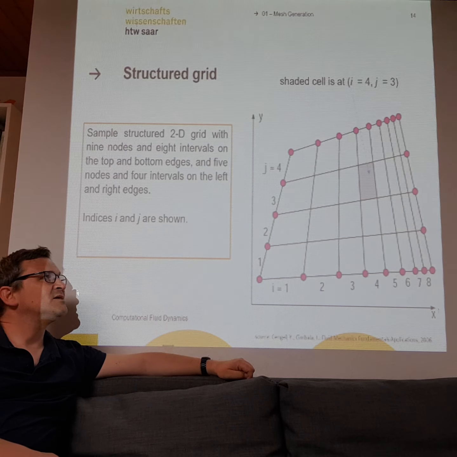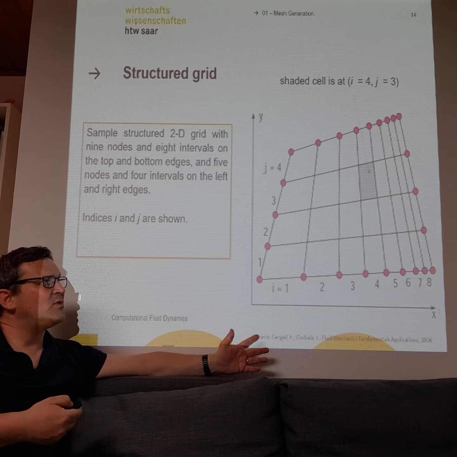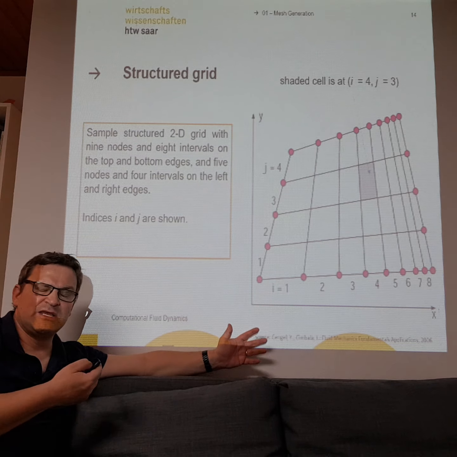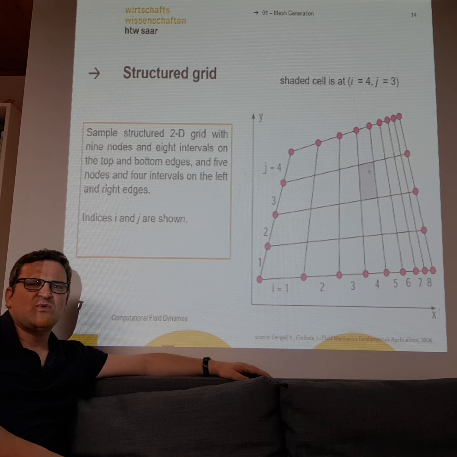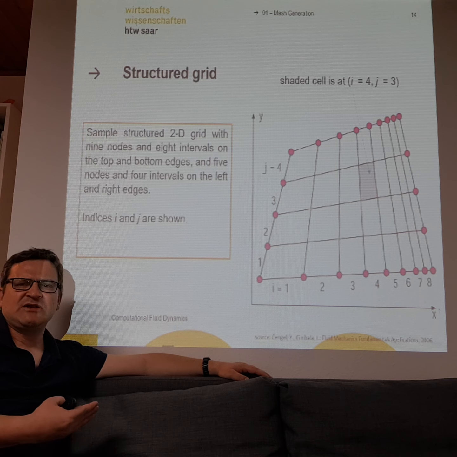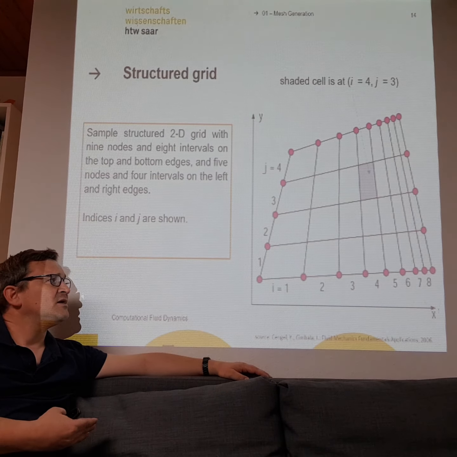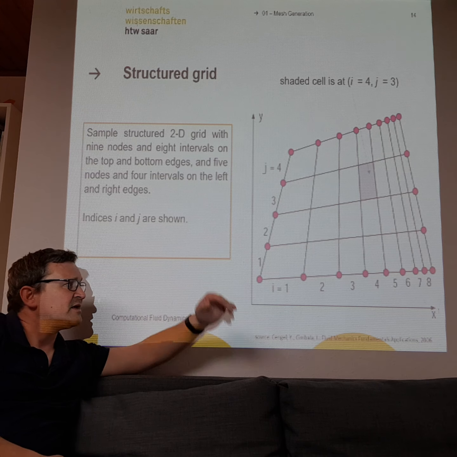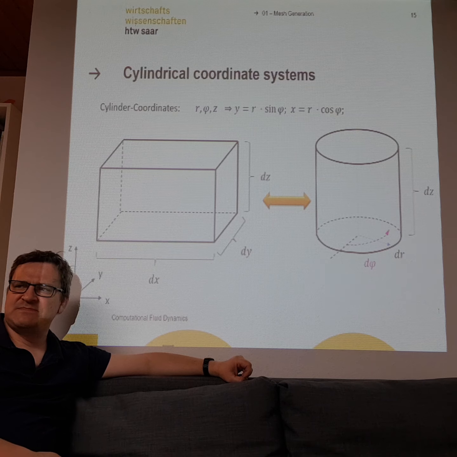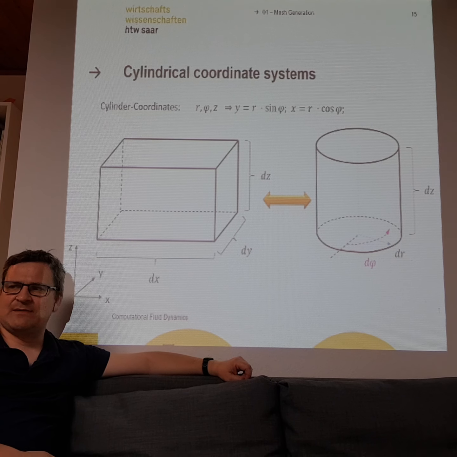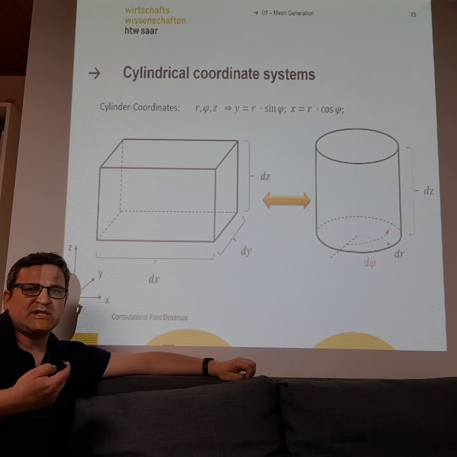But sometimes, why can't we all live in such a world where we can use these checkerboards? Because we're not all in Minecraft. Everything would look like these blocks in Minecraft, and so we need other mesh types. We can have, for example, cylindrical coordinate meshes.